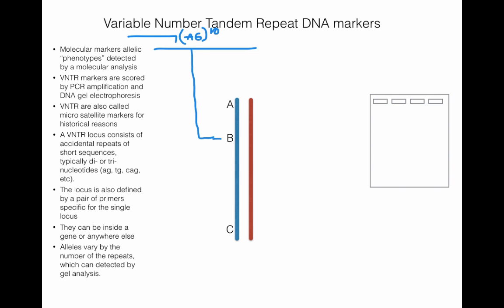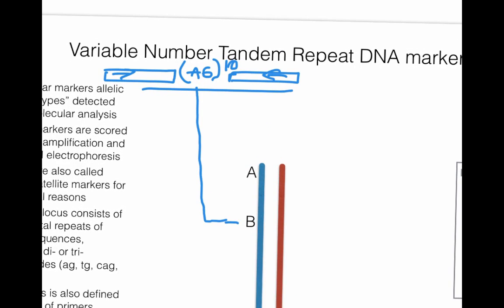Next to that repeat, I would need unique DNA that can be used as the location for the primer complementarity. A primer would be designed that amplifies this sequence here from here to there. So here are the arrows representing my left and right primers.